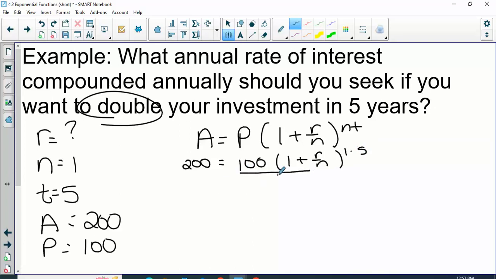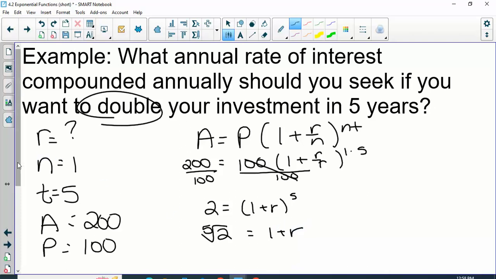and you divide by your 100, or if you did P and 2P, you divide by P, no matter what, you get 2 on this side. This is 1 plus R to the 5th power. So to get rid of the 5th power, we do the 5th root.